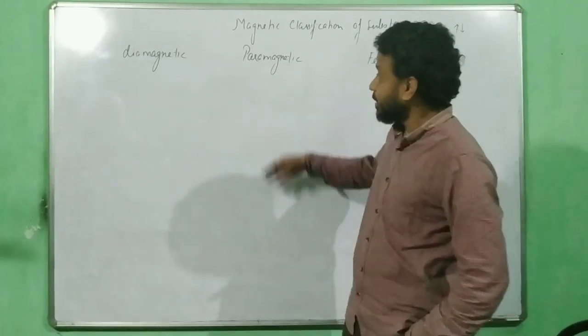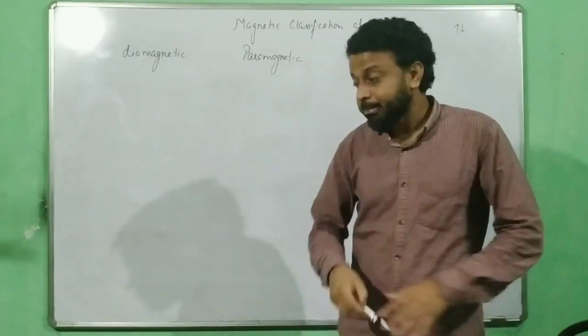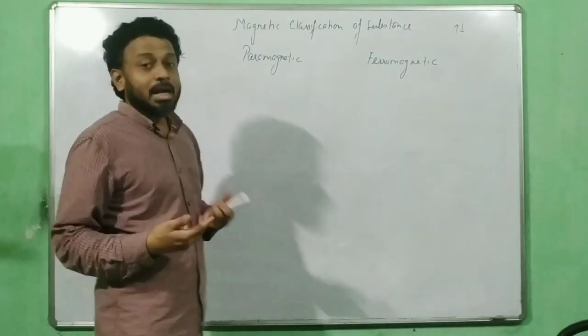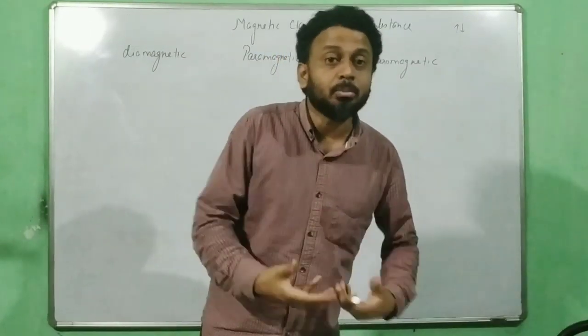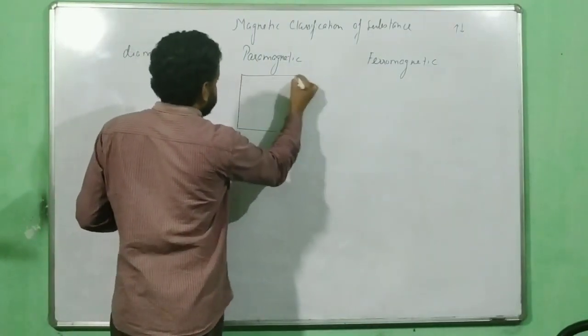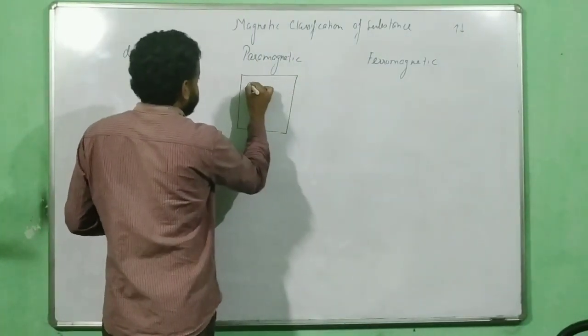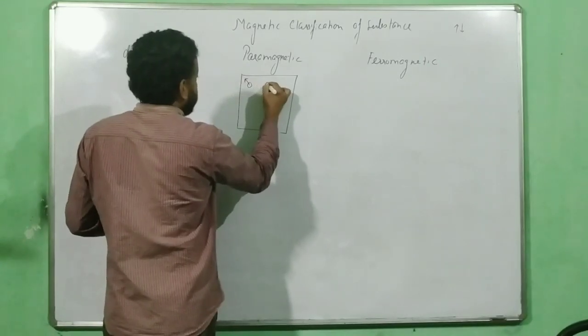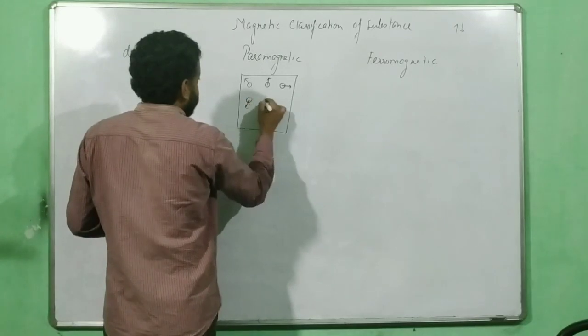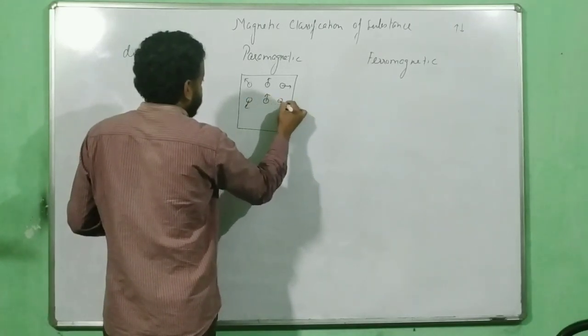The second one is paramagnetic substance. Paramagnetic substances are those for which each atom has a net magnetic moment. They have some magnetic moment. So if I consider the substance, this atom has a net magnetic moment in this direction, this one has a net magnetic moment, this one too, and so on.